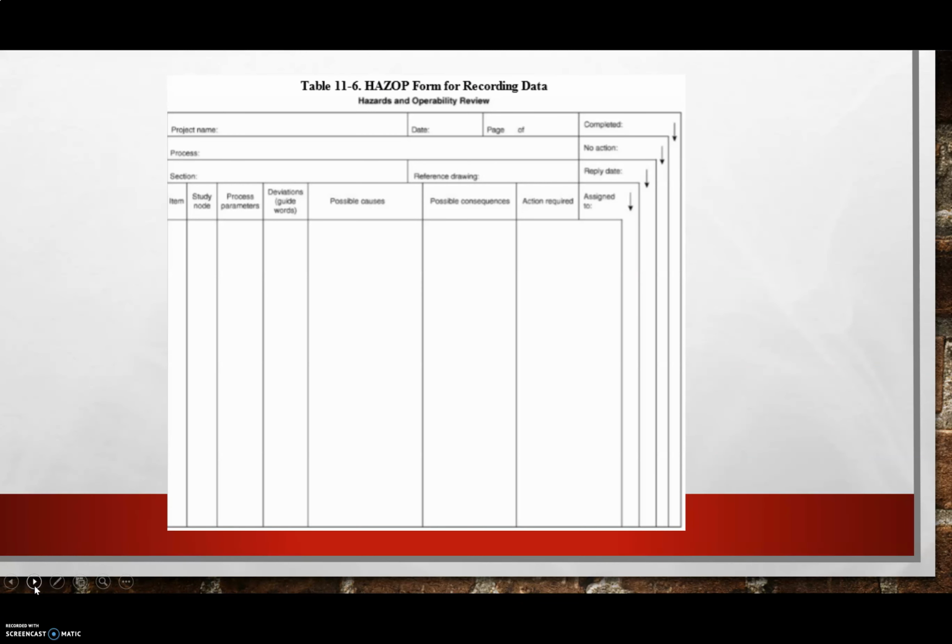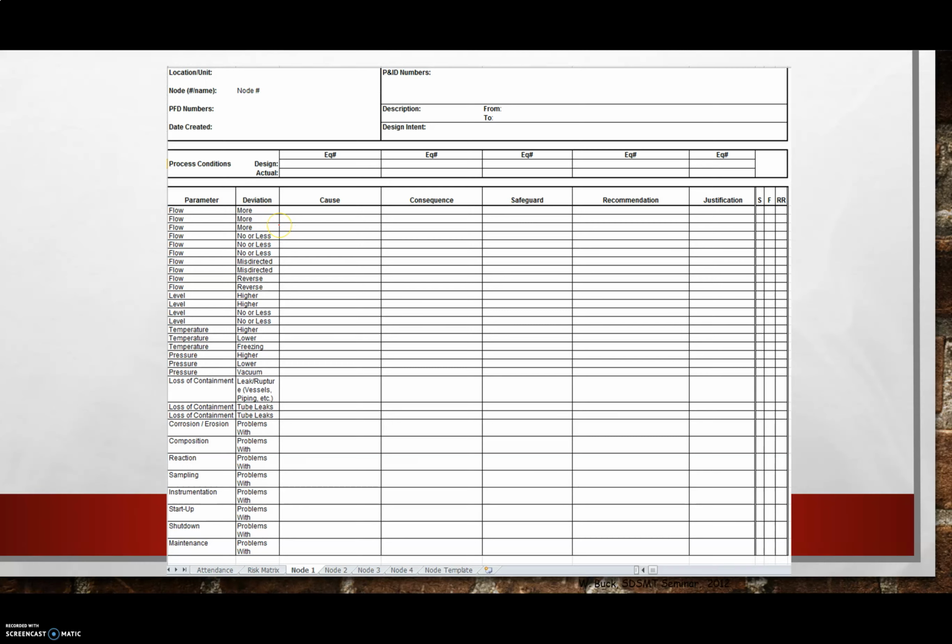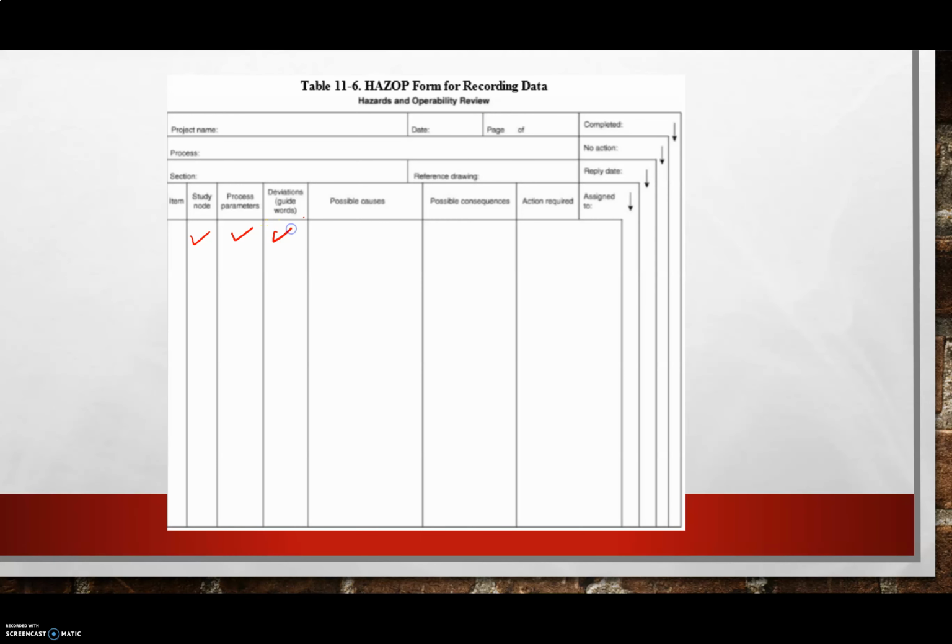This is another example of your HAZOP form. You have your study notes, process parameters, and your guide words. The combination of study note, process parameter, and your guide words will contribute to these possible causes, the consequences of these faults or these hazards, and then the action required to prevent, or the recommendation that you make to prevent this fault or this hazard.